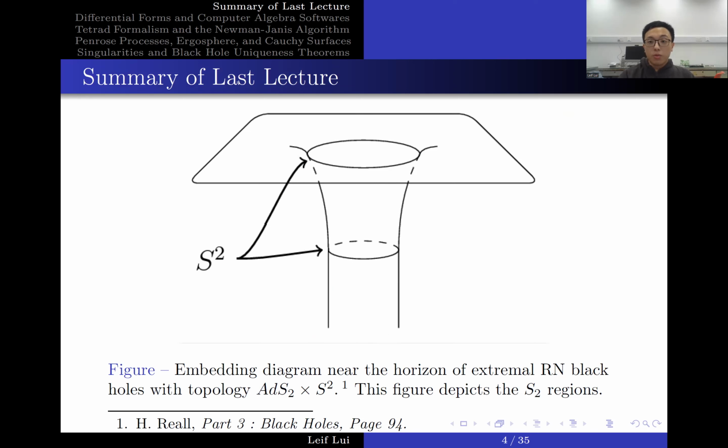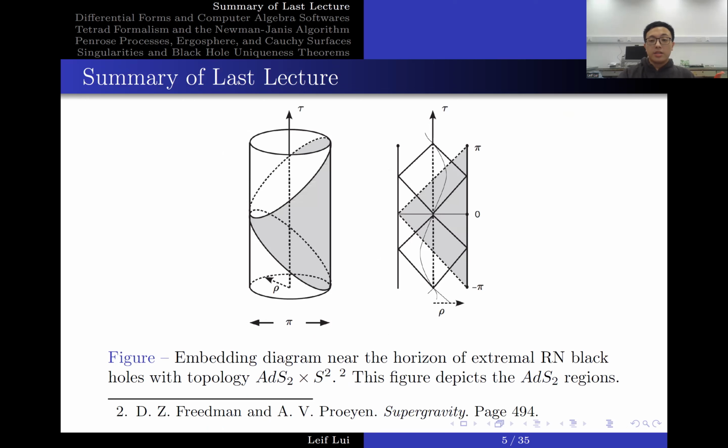It only works in 4 dimensions because it utilizes something called the Gauss-Bonnet formula, which only works in a certain number of dimensions. But I can also show you the AdS2 region, and this looks like a cylinder on an embedding diagram. I obtained this figure from the supergravity book that I discussed in the last lecture.